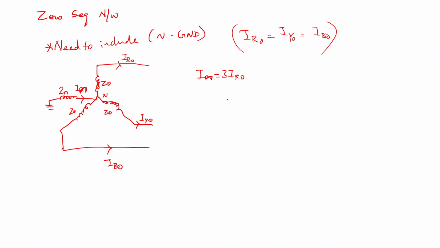Okay, so here I need to measure for single phase. Single phase I will draw here. We know that there is an impedance here, that is Z0, and also one more impedance Zn is there. You should remember Zn is also there, and then this is IR0.